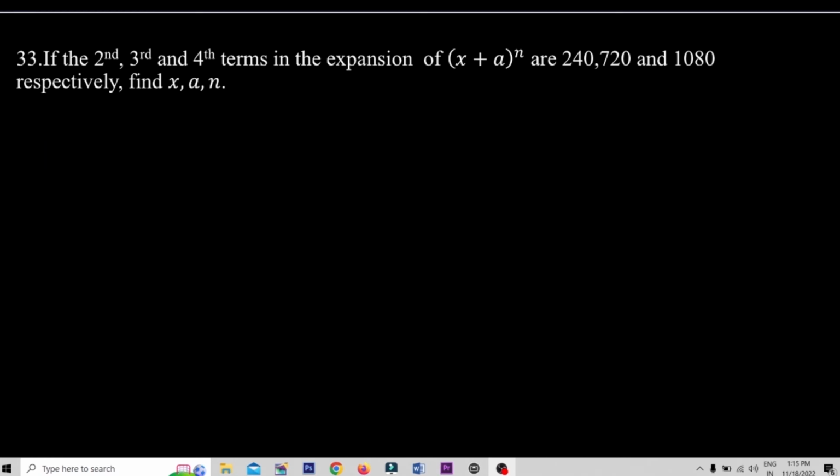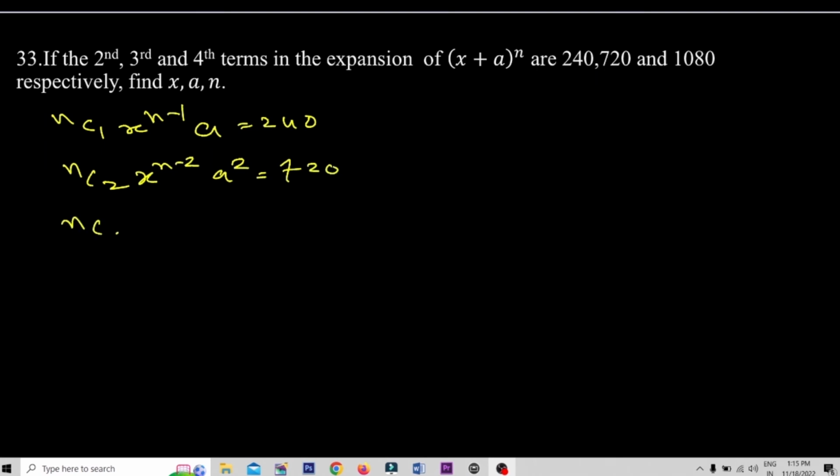The second term is nC1 x to the power n minus 1 a to the power 1, which is 240, and nC2 x to the power n minus 2 a squared is 720, nC3 x to the power n minus 3 a to the power 3 is 1080.